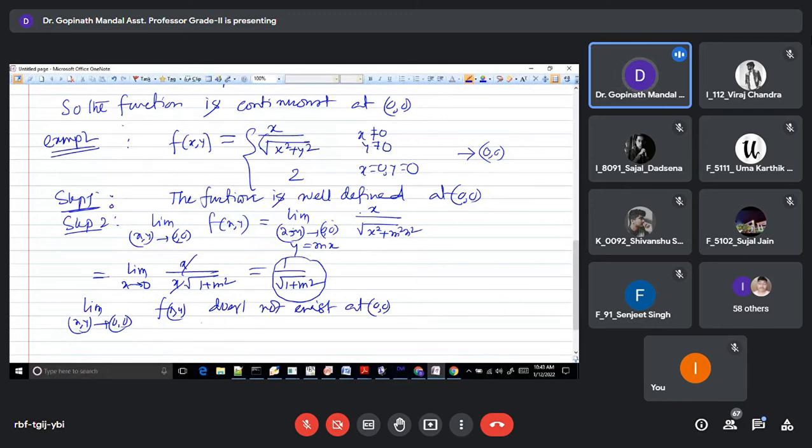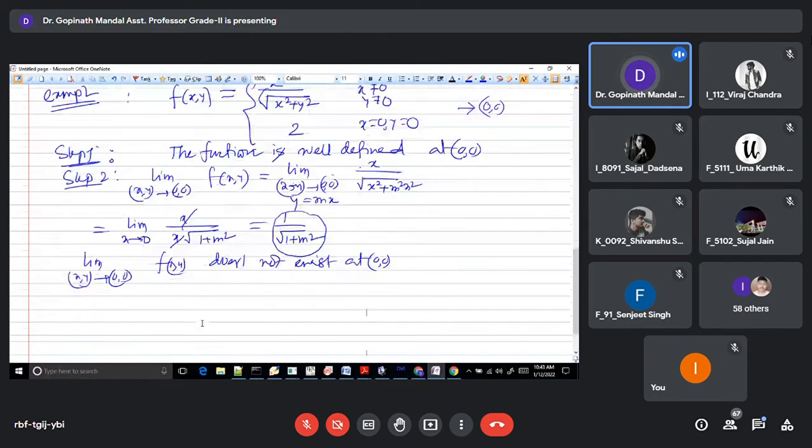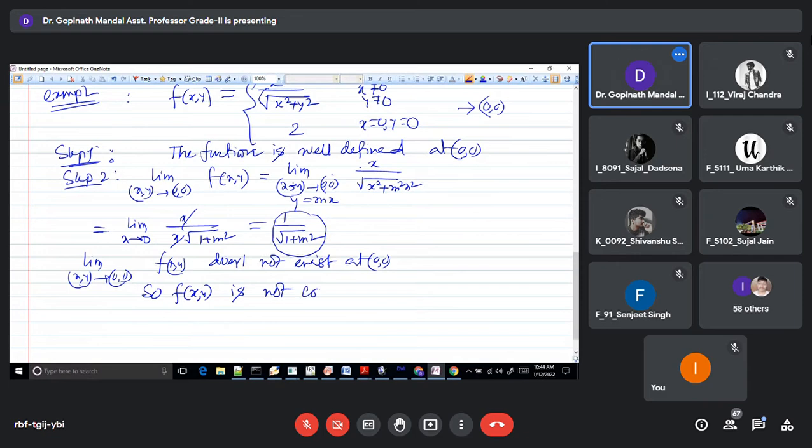So f(x,y) is not continuous at the origin (0,0). Now example 3.